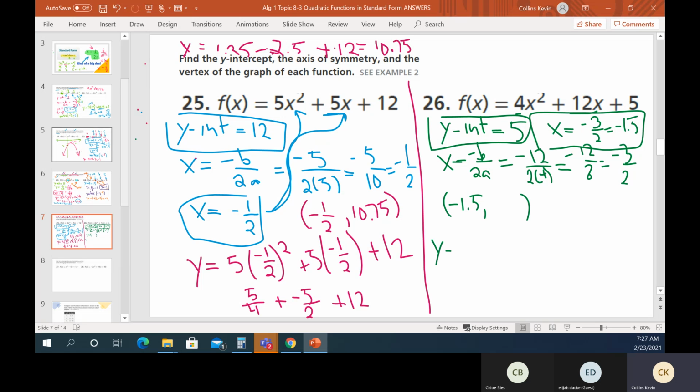So y is going to be 4 times negative 1.5 squared plus 12 times negative 1.5 and then plus 5. Okay. Calculator City.